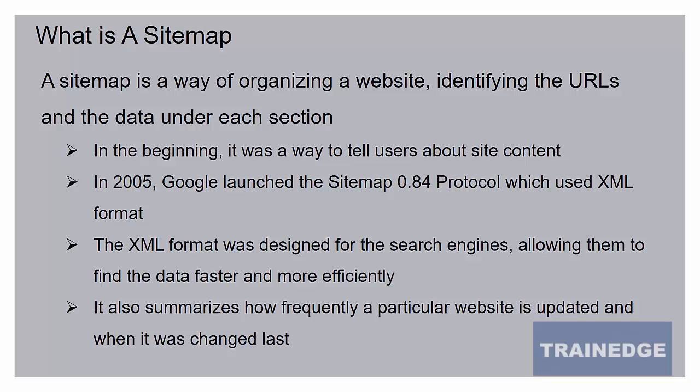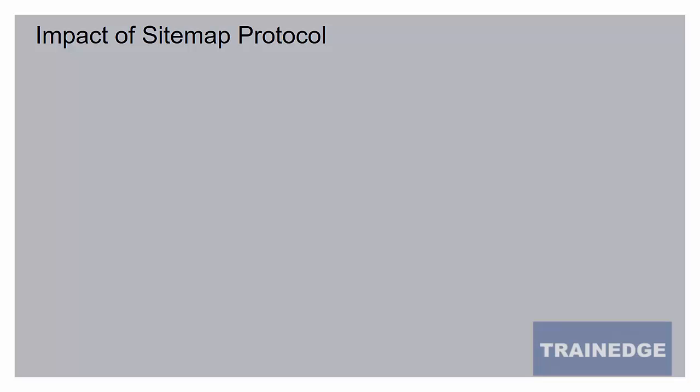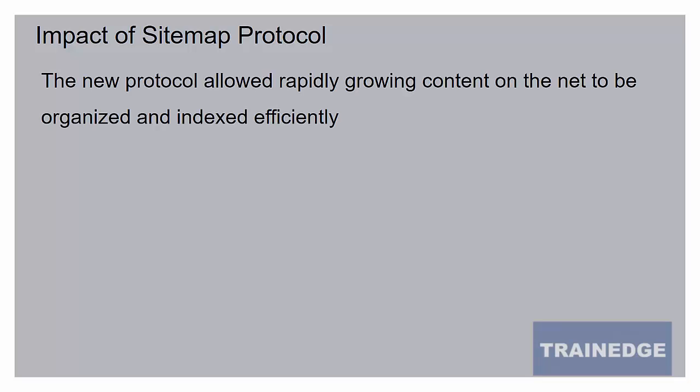Otherwise, it will skip the website because it will think that the site has not changed since the last visit. So, with the new sitemap protocol, sites were able to organize and get their content indexed efficiently in Google.